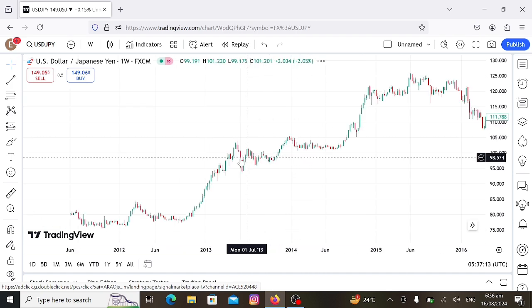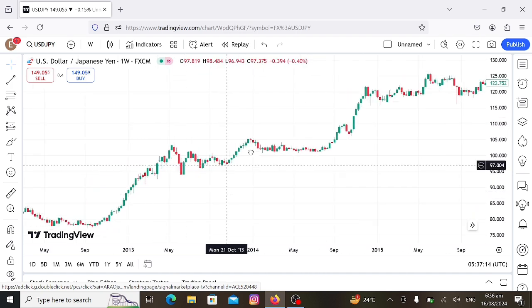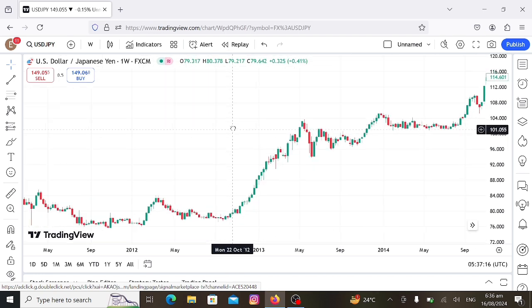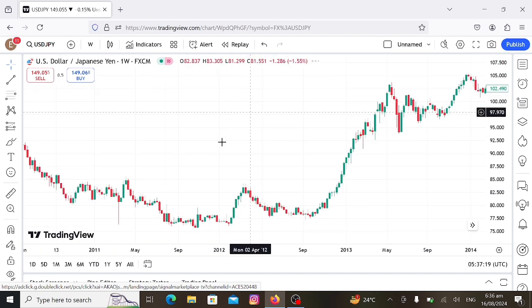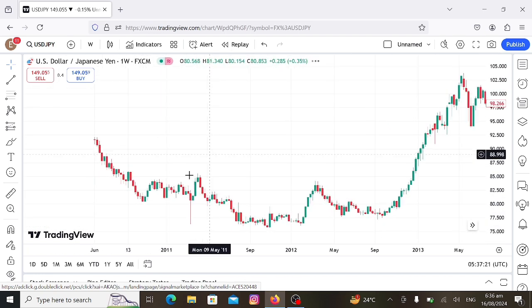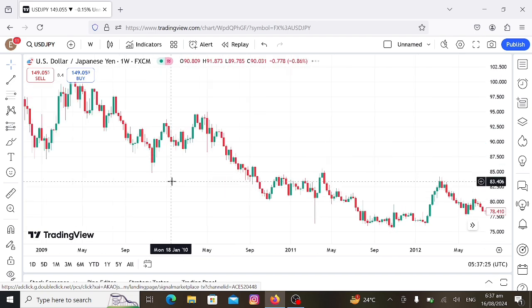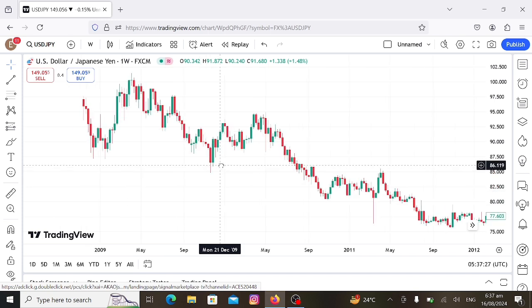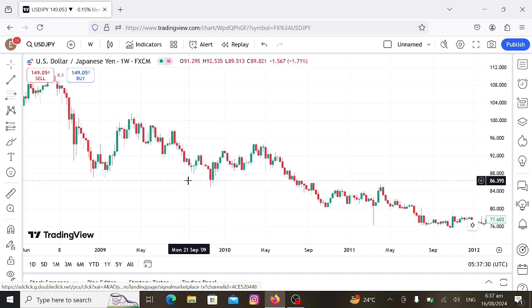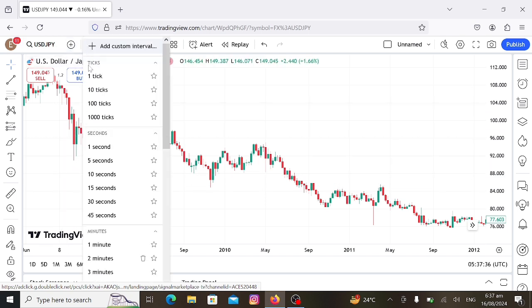So in case you want to trade this pattern, you just have to practice this pattern. You should know what you are looking for and where you can find it to be on a high probability sector. Okay, let me go to a daily time frame.